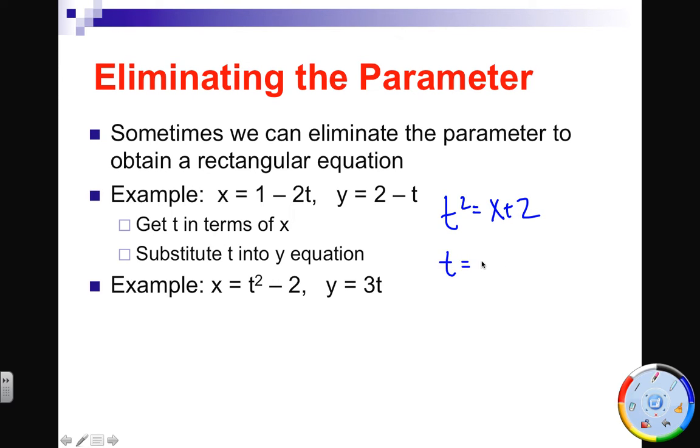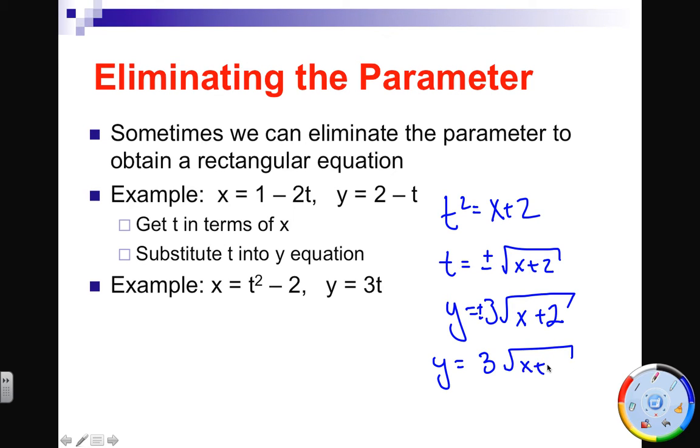I get t is equal to plus or minus the square root of x plus 2. And I get y equals, actually plus or minus, 3 times the square root of x plus 2, because that's t, which technically means it's two equations, 3 times radical x plus 2 and -3 times radical x plus 2. And if you recall, that's the one we did a little bit ago.